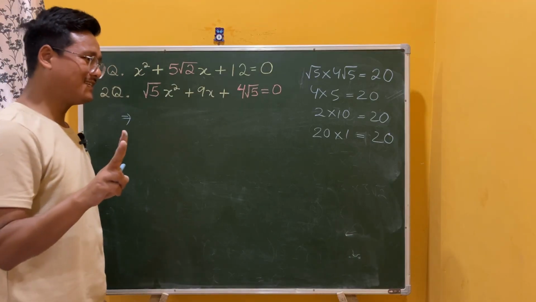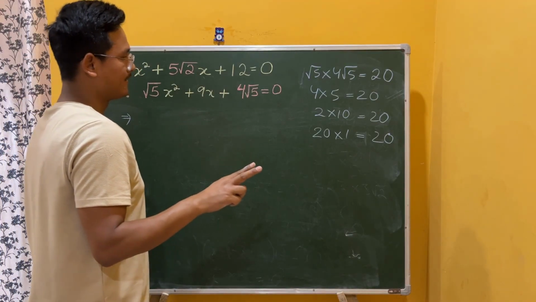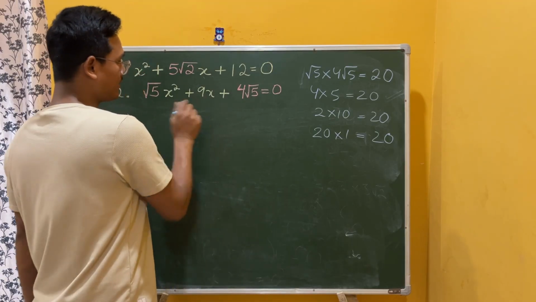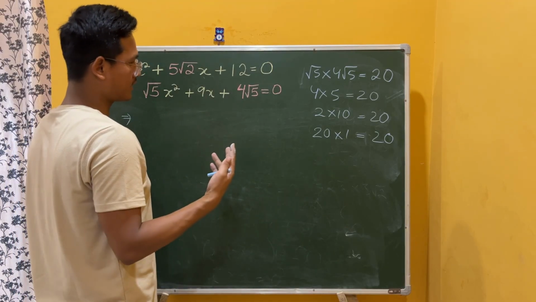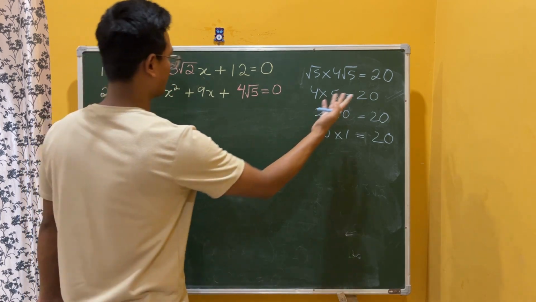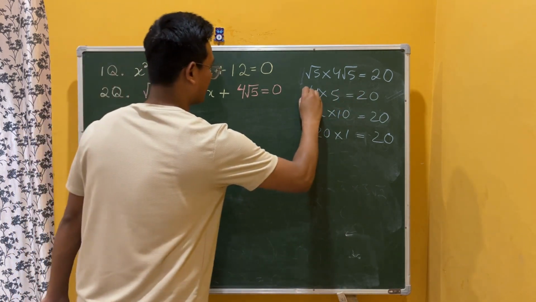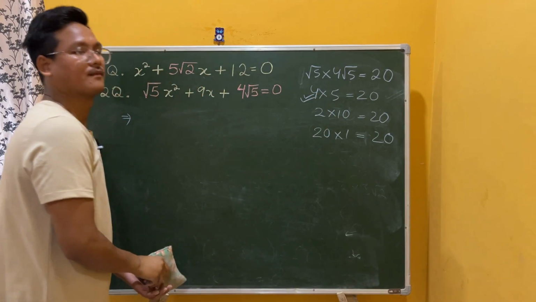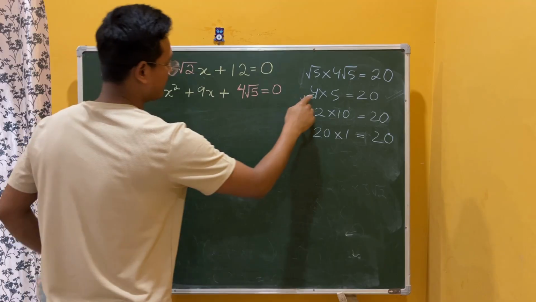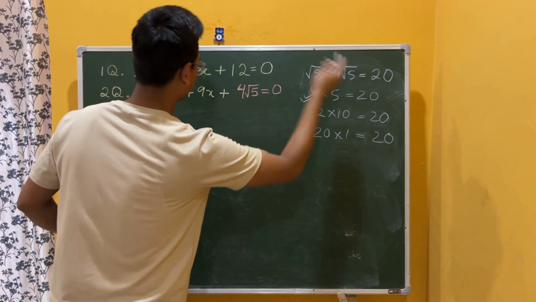So we need two numbers such that the addition or subtraction between them is the middle term and the product of those two numbers is 20. So this is the number, because 4 plus 5 is 9 and 4 times 5 is 20.